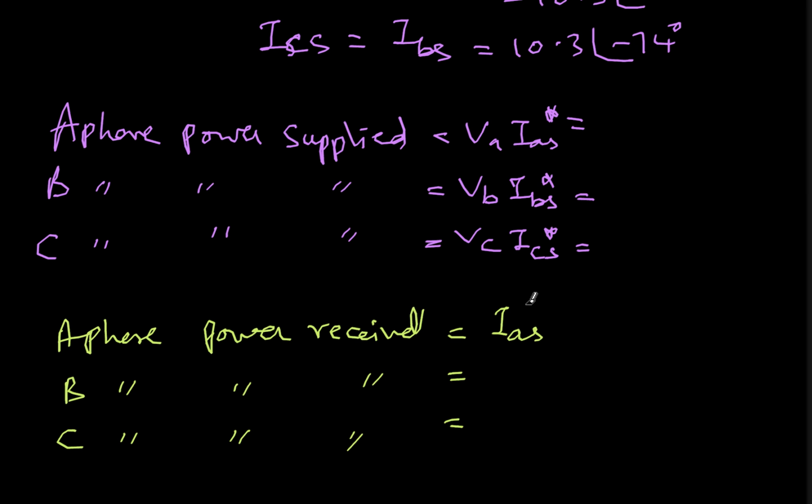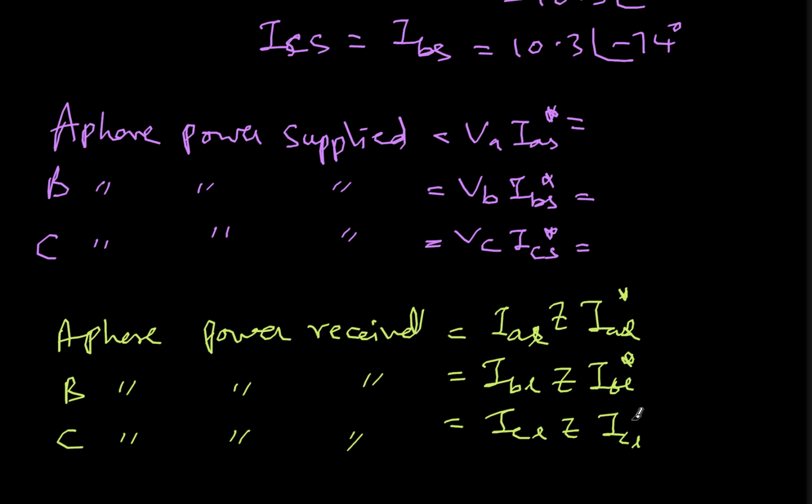So IAL into Z into IAL conjugate, IBL into Z into IBL conjugate, ICL into Z into ICL conjugate. So this is the formula for load power. So I can always check which phase power is going to which phase and so on. So this is how you analyze the unbalanced circuit.